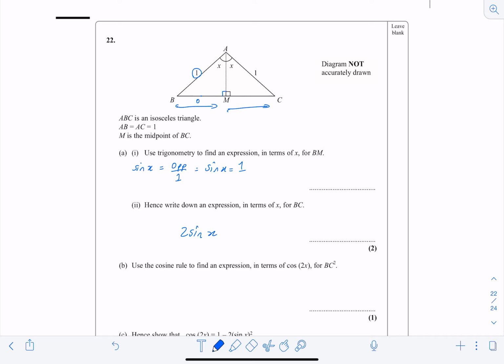Oh, hang on. Use trigonometry to find an expression in terms of x for BM. Oh, sorry, no, I've done that wrong, just a tiny little bit there. Not equal to 1, that's equal to BM, that length there. So BC, yeah, BC equals 2BM, so it's 2 sine x.